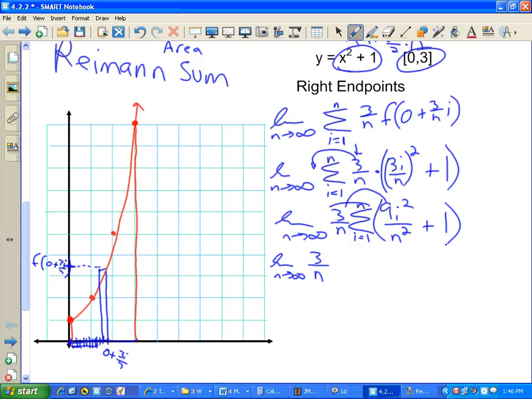So both of these things are going to get distributed to both terms. So this guy here, 9i squared over n squared, gets its own sum with the 3 over n. I also give the 1 its own sum with the 3 over n.